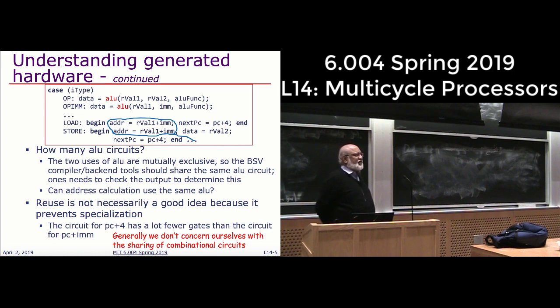You would not know how to write your code so that the circuit will be shared or not shared, because the compiler and backend tools have their own ideas of how your code should be optimized. So whenever it comes to combinational optimizations, we worry about certain optimizations, but sharing, leave it to the tools. Let them decide whether to share or not to share.